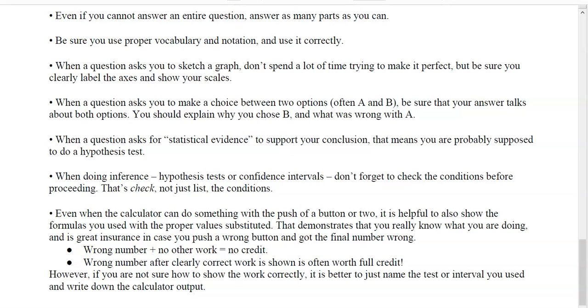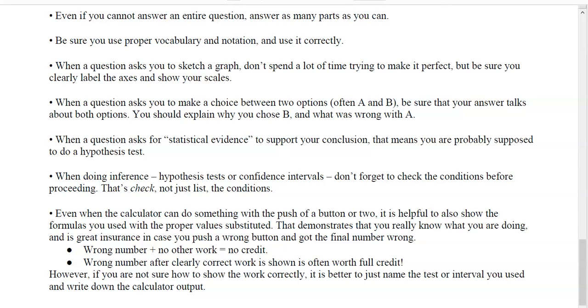If you're not sure that you can write it out correctly, then it would be better to just do it on your calculator and put the calculator numbers that you get, labeled carefully to show what each one of them is, on an inference problem. And like I said, I'll talk about that more later. Sometimes it's better to write less if you're not sure if you're right about the formula. But on the simple ones where you're sure you know how to do the work, definitely show it.